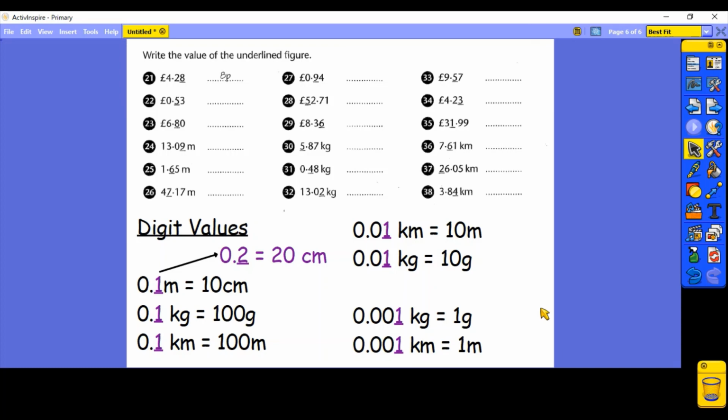I hope that's been helpful this week. It's a bit of a longer video because I wanted to go through quite a few bits with you. Really would recommend making sure you've written down those measurement units at the beginning. So 100 centimeters in a meter, 1,000 grams in a kilogram, because we've come back to that a lot, so you will use it a lot. Also make sure you've written down the loop diagrams, because you're going to be using those a lot as well for the second page.